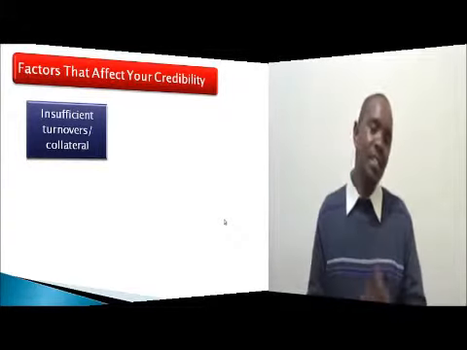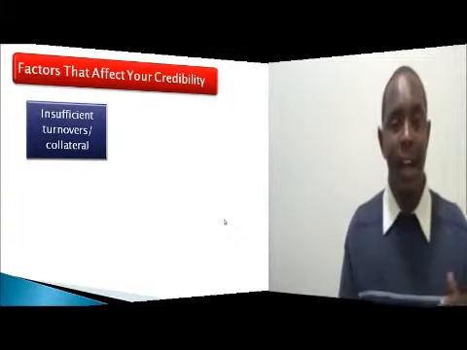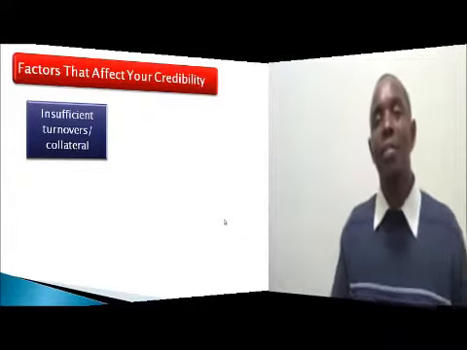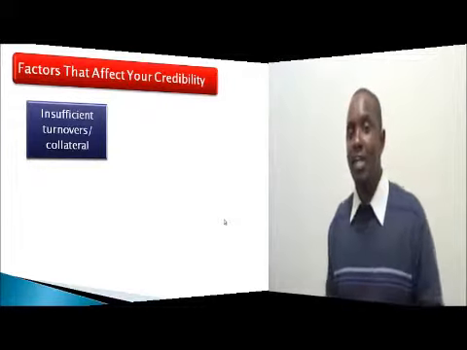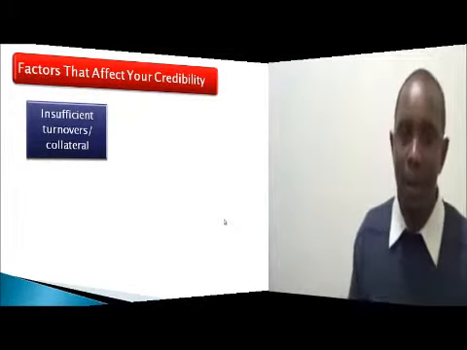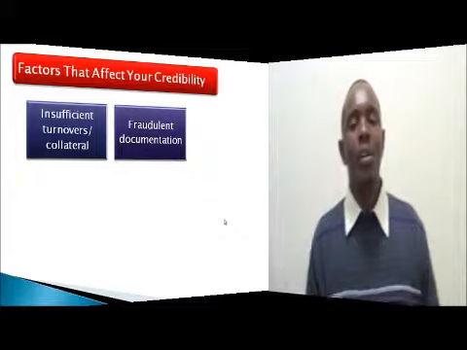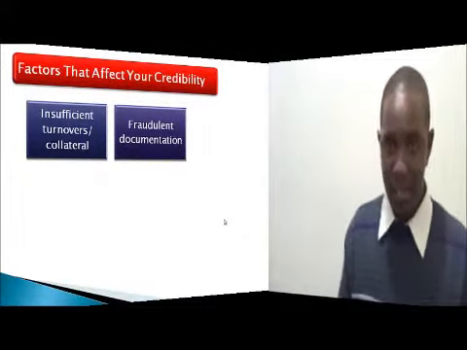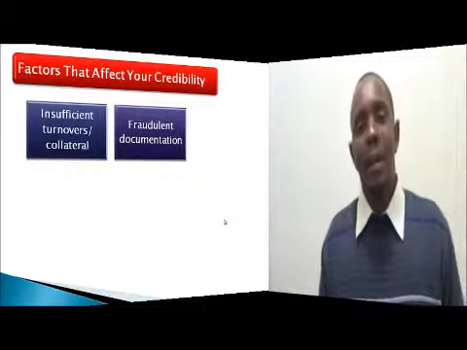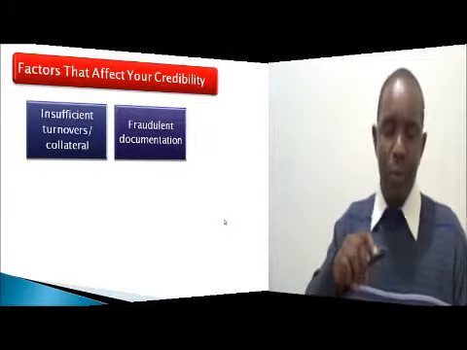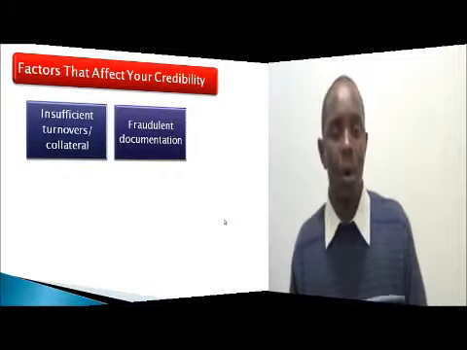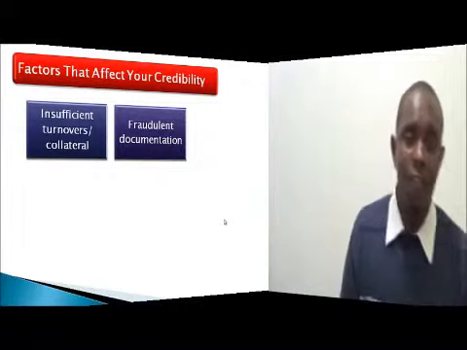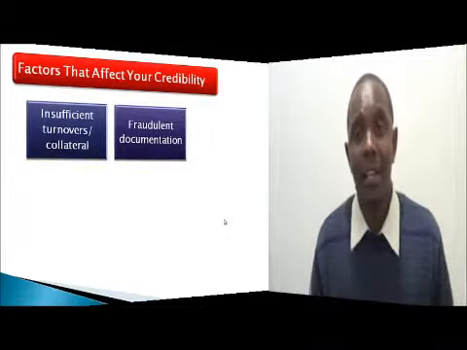Also, if it's a secured loan and the amount to be advanced is pegged on the value of the security or the collateral, then in that case you might not be able to qualify for a loan. The next one is fraudulent documentation. This is a criminal offense. We've seen people who have used fake documents, fake identification, fake ID, fake bank statements.